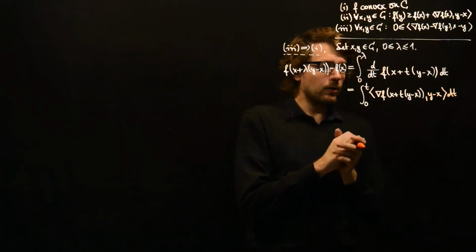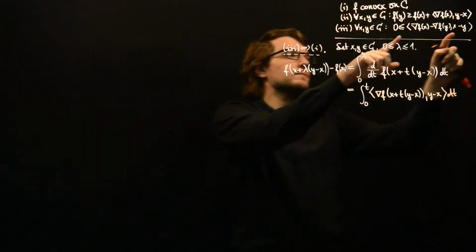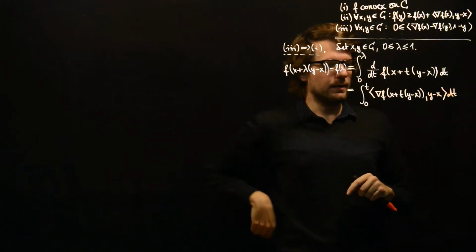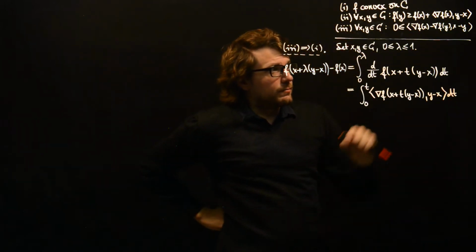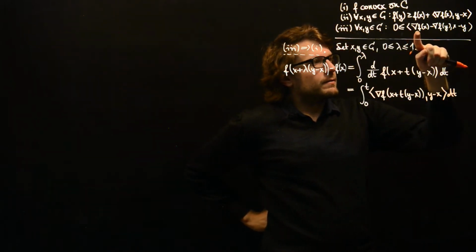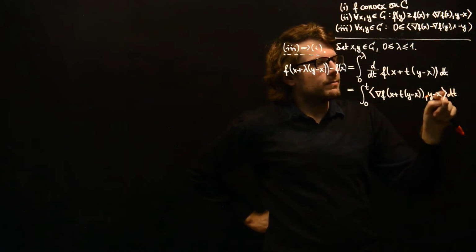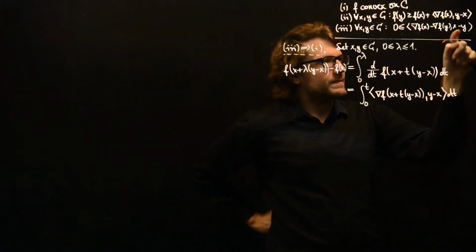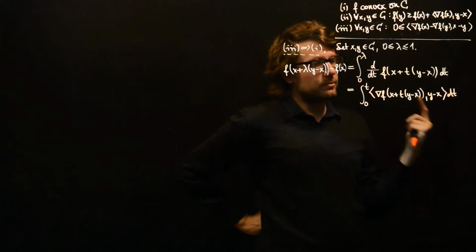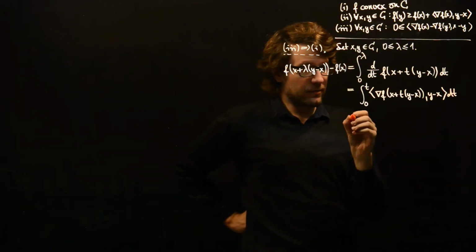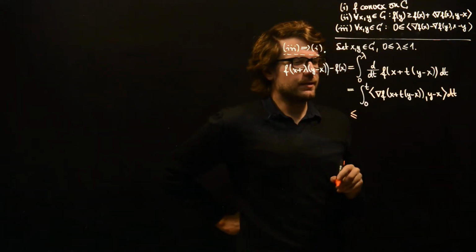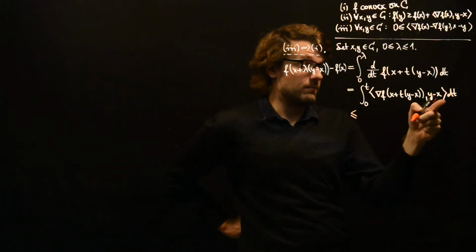So now we want to use point 3 here. And we see that we have a gradient in the inner product with something. And we want to replace this with some other gradient in the inner product with respect to the same thing.